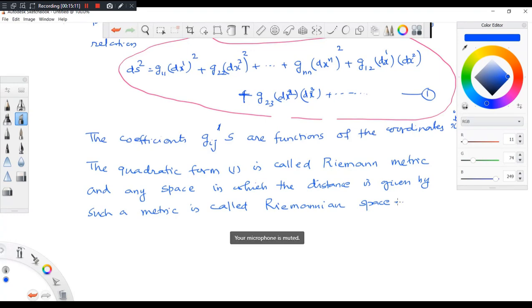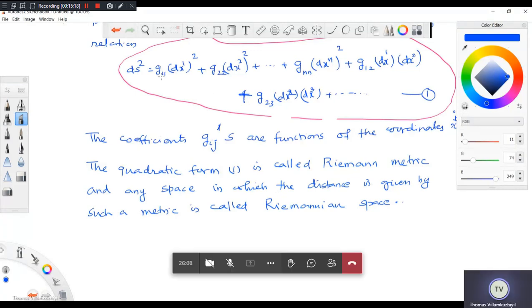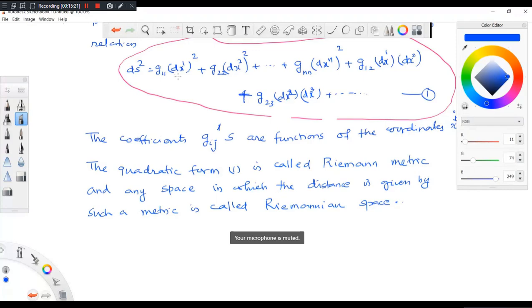It is an n-dimensional space in which the distance between two points is calculated by this. Then we call this the Riemann space, Riemannian space.